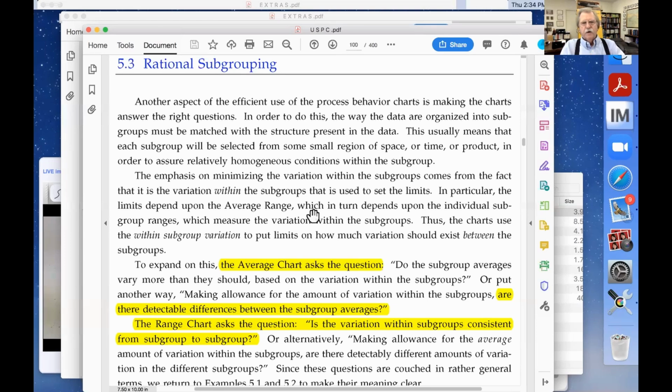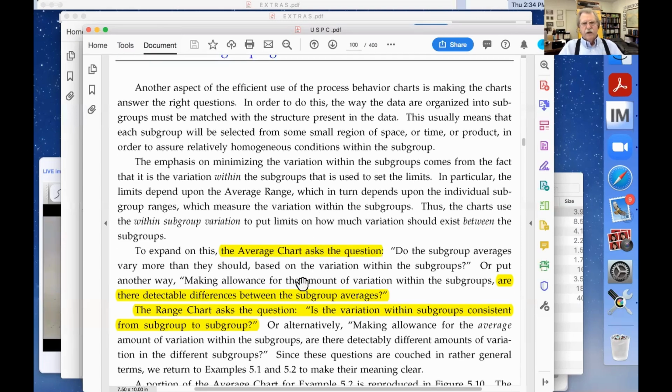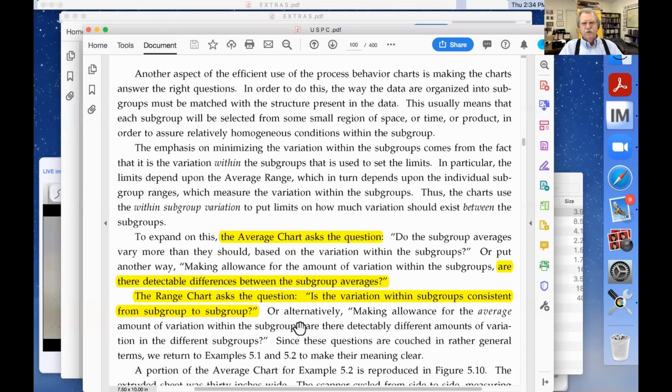The average chart asks the question, are there detectable differences between the subgroup averages? The range chart asks the question, is the variation within subgroups consistent from subgroup to subgroup?